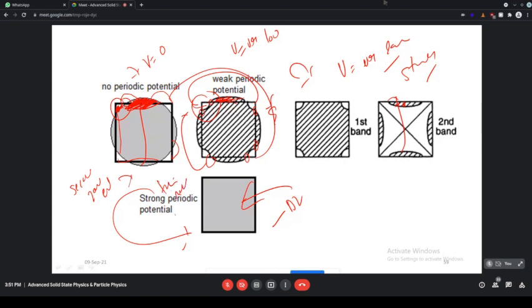A second zone electron will fill the first zone hole if you apply a very strong potential, or if there is a very strong potential acting between the electron and the lattice, then this second zone electron will fill the first zone hole. Yes, sir. For this case, the first Brillouin zone will be completely occupied. First Brillouin zone will be completely occupied. And the second Brillouin zone? Second Brillouin zone will be completely empty. Third Brillouin zone will be completely empty, and so on. Okay, sir.